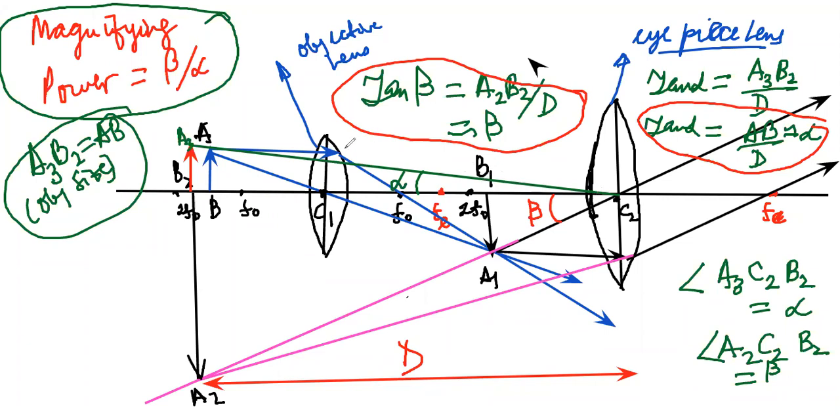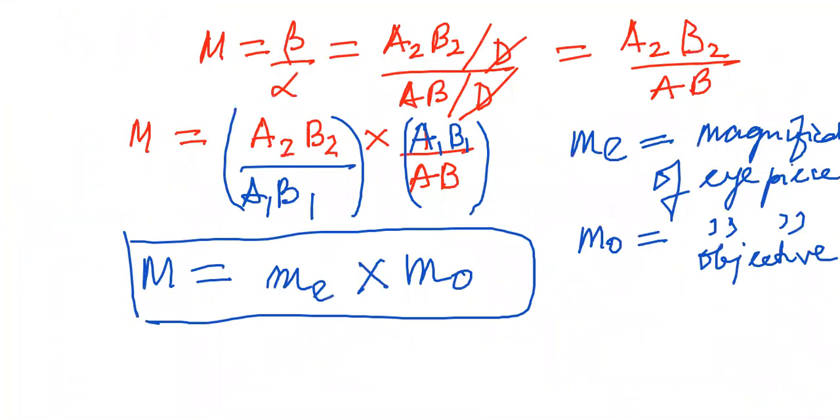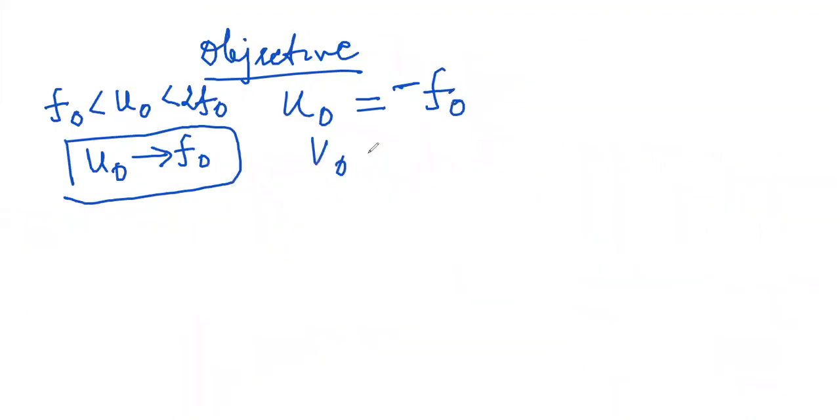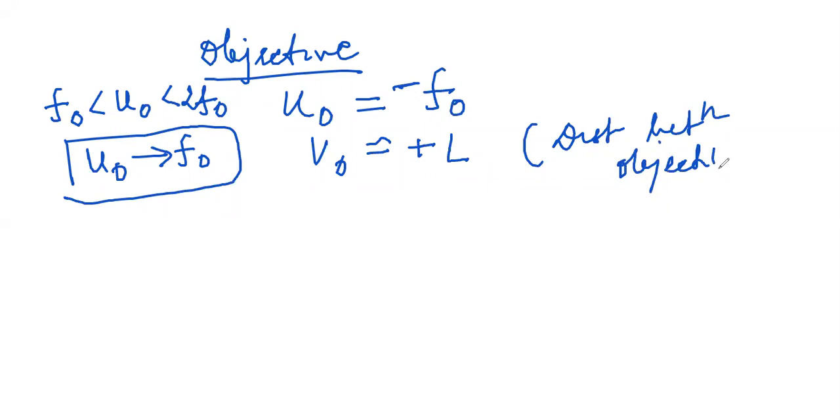So if I consider this to be the length, the distance between the objective and the eyepiece, I can obviously write, on the next page, that VO should be nearly equal to plus L, where L is the distance between the objective and the eyepiece.